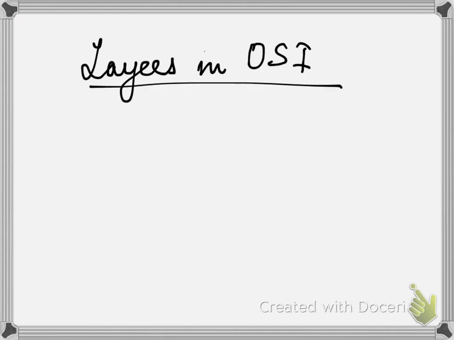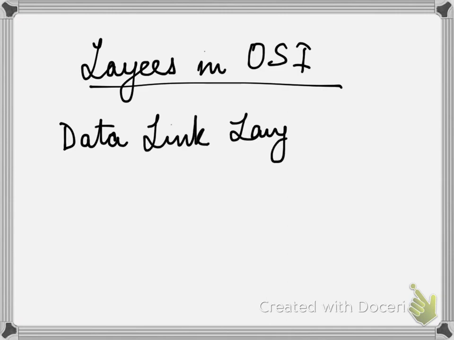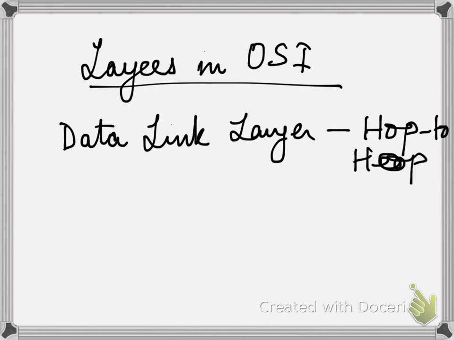For example, in the data link layer we have hop to hop delivery. So the data link layer is only responsible for hop to hop delivery.